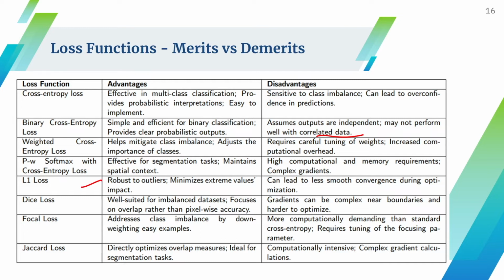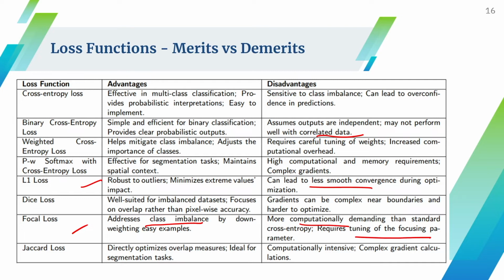You can very well take this method, and it always has a less smooth convergence during the optimization methodologies. And if you take the focal loss methodology, it addresses class imbalance very much, and it is very computationally demanding, a high amount of computational power is required. Also, it requires tuning of the focusing parameters.